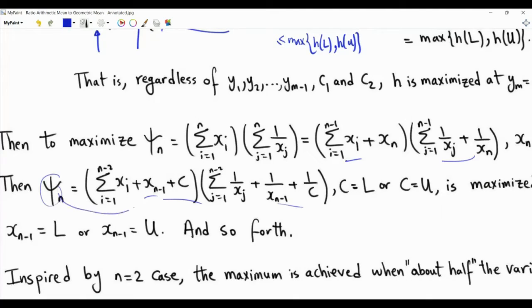Again, because this is a convex function of xn minus 1, regardless of the value of C, and x1 all the way to xn minus 2.